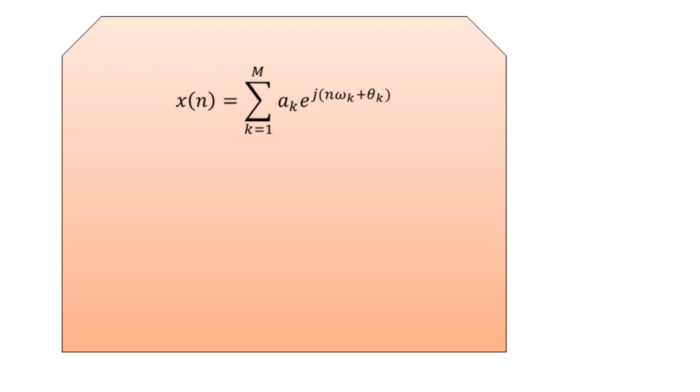Here theta_k denotes the phases, and these are statistically independent and uniformly distributed over the range 0 to 2 pi.